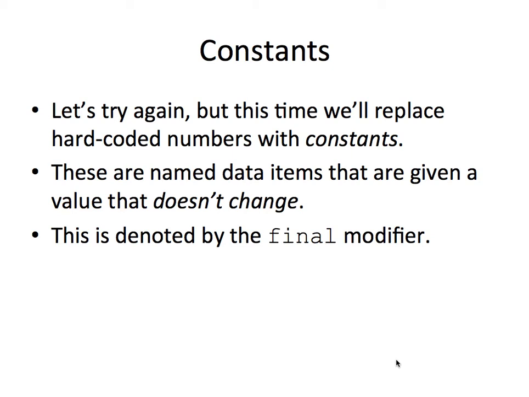Because they're not variable, that's why we call them constants. We denote this by saying that they have a final value. So when we declare constants, we modify the declaration with the word final, and I'll show you an example of that shortly.